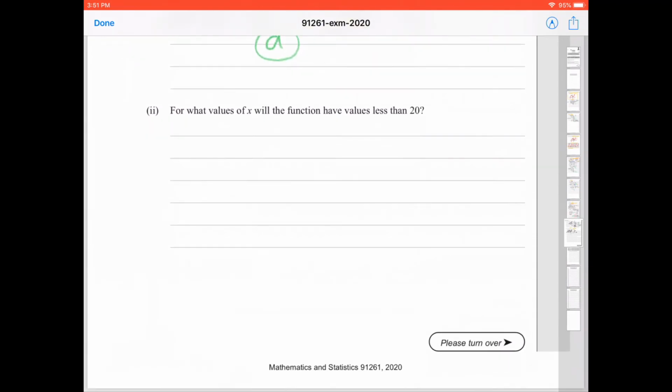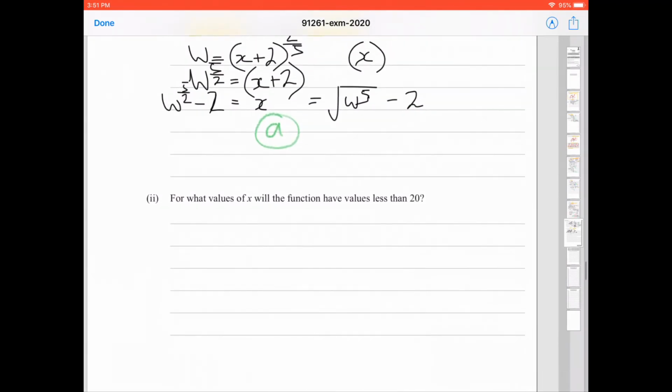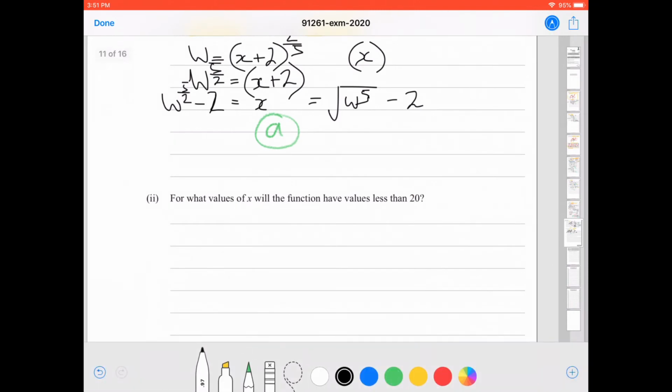3b2. For what values of x will the function have values less than 20? Values less than 20. So what's our original function? x plus 2 to the power of 2 over 5.